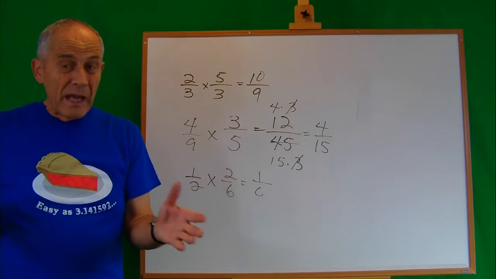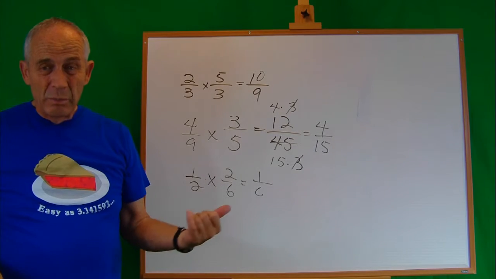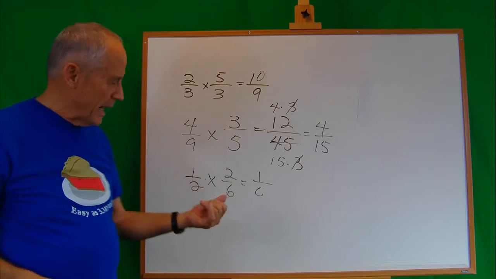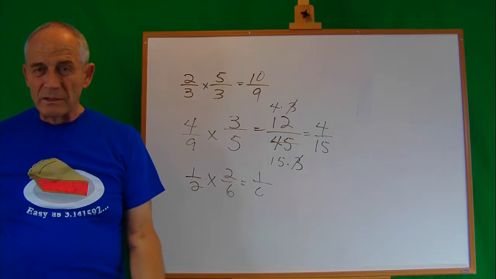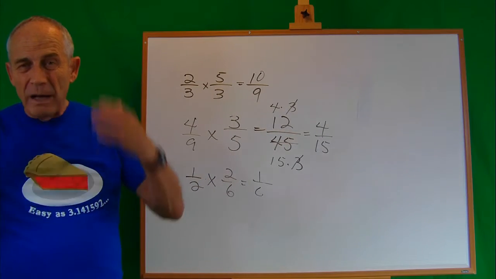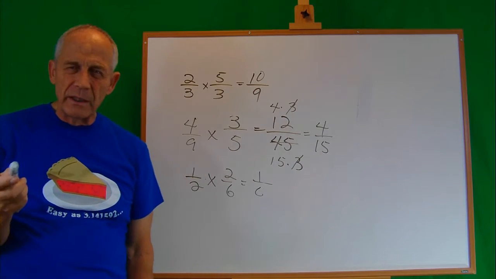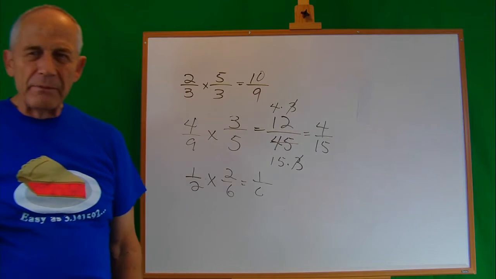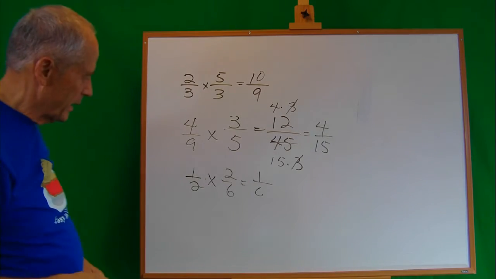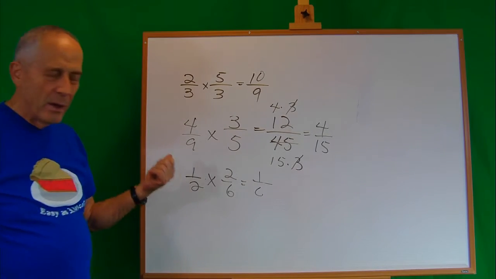Granted, we would have to reduce it, but we got to this 1/6 just by figuring it out in our heads. So let's see if there's something we can do here that will help us save the time when it comes to that kind of thing.